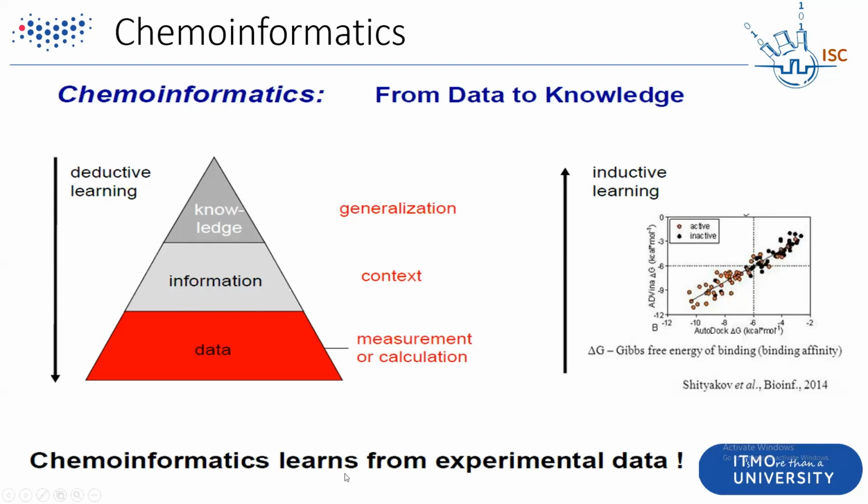Therefore, one could summarize that chemoinformatics learns from the experimental data, because the experimental data cannot be learned from the chemoinformatics.